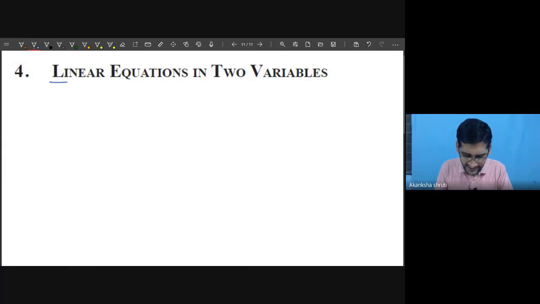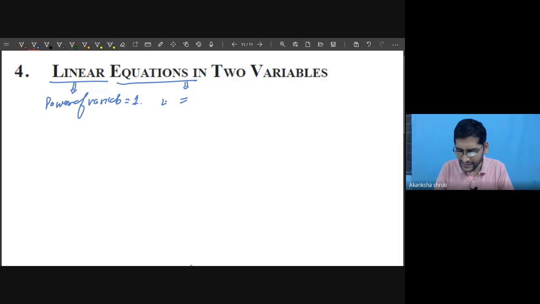So, students, what is this linear equation in 2 variables? The name itself indicates. In chapter 2, we have learned linear means the power of variable should be 1. Equation means it must contain an equal sign, means there will be something on LHS and something on RHS.